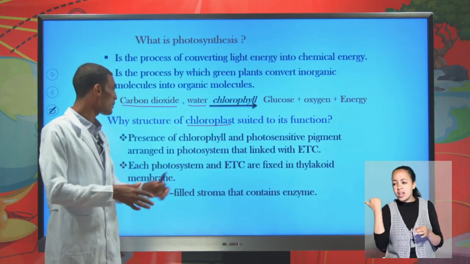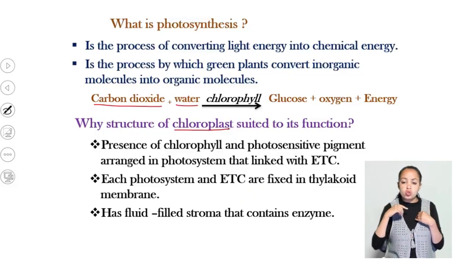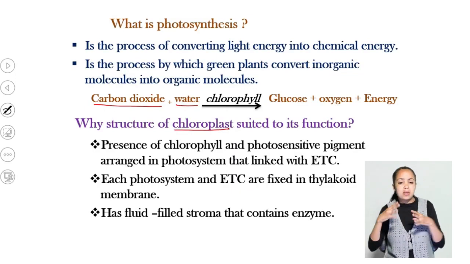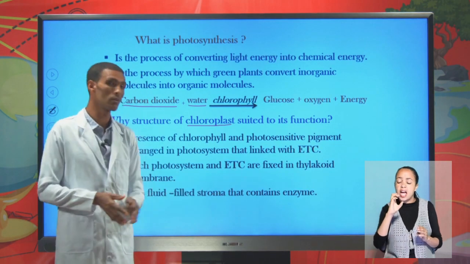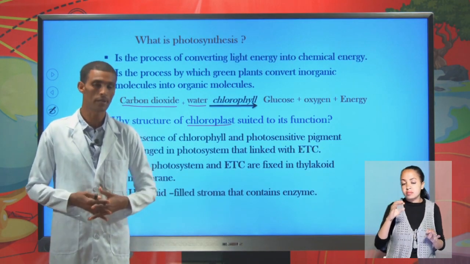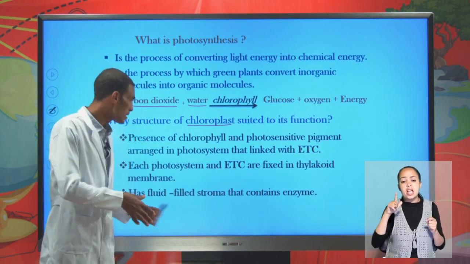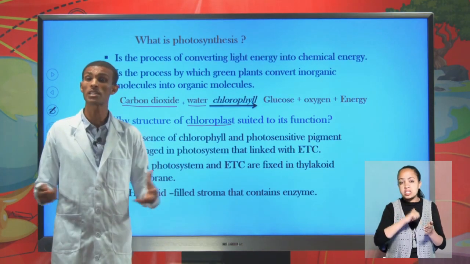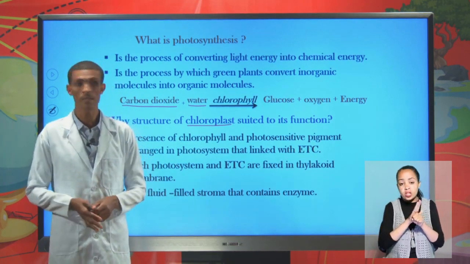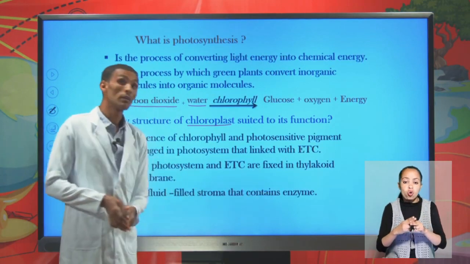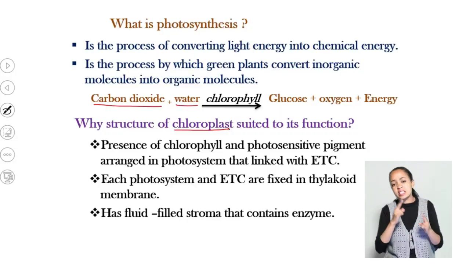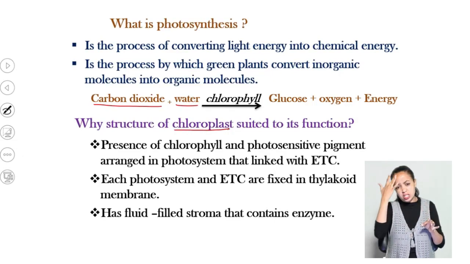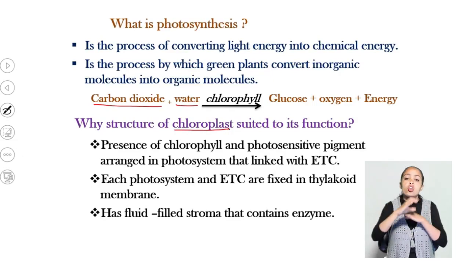Another is the presence of photosystems for the photochemical reaction, photosystem 1 and photosystem 2, and electron carrier molecules fixed in the thylakoid membrane. Also, there is a fluid-filled structure called the stroma that contains enzymes. These are very important reasons why chloroplast is suited for its function.